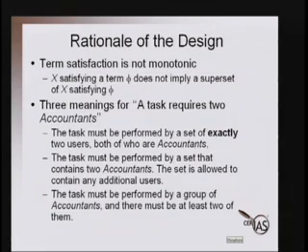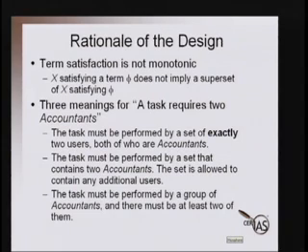Next, I would like to talk about the rationale of the design of the algebra. From the definition of the semantics, the term satisfaction for the algebra is not monotonic. That is to say, a set of users satisfying a term does not imply that a superset of that user set also satisfies the term.